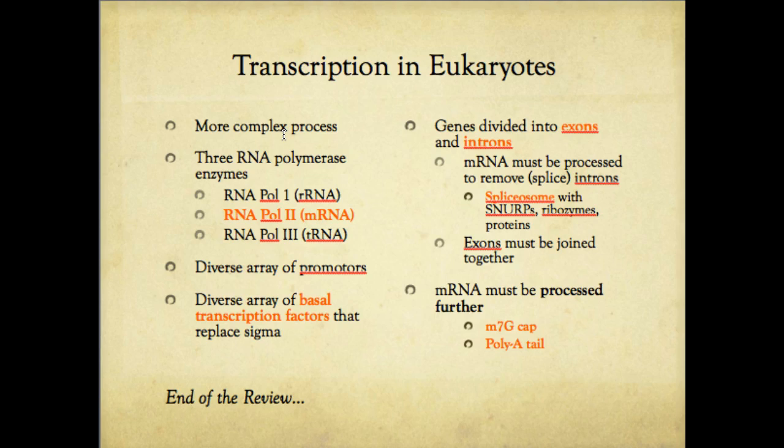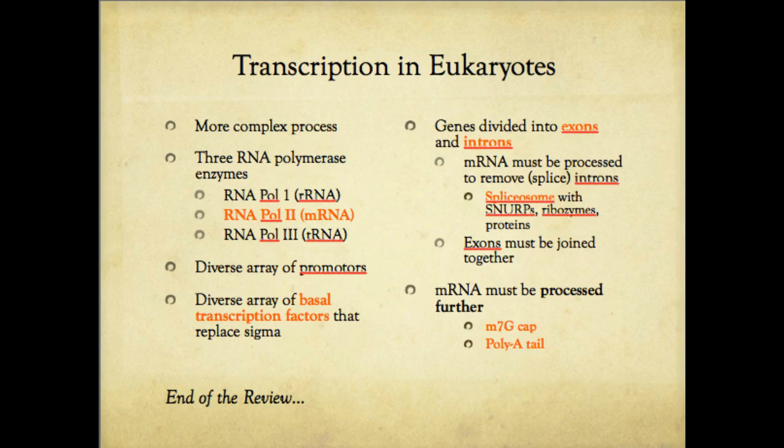which transcribes tRNA. And unlike what we see in bacteria, in eukaryotes there is no single promoter. There is no single string of bases that the RNA polymerase enzyme recognizes as a binding site. Instead, there are multiple promoters.